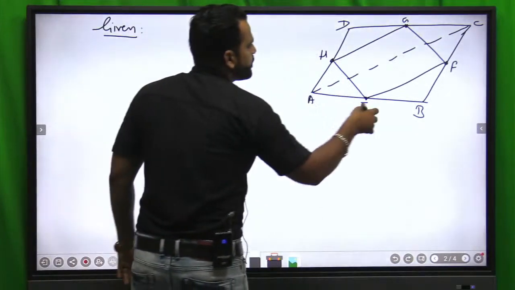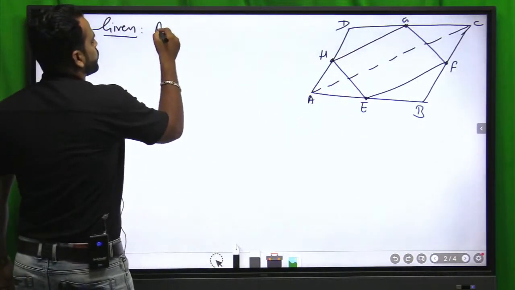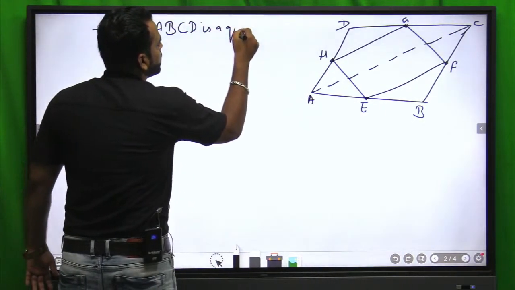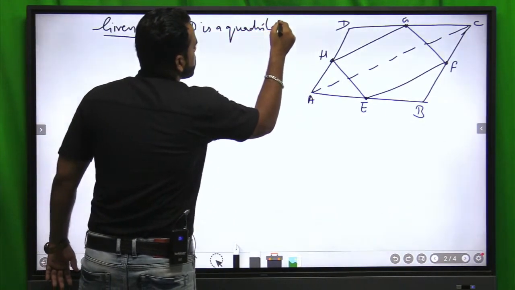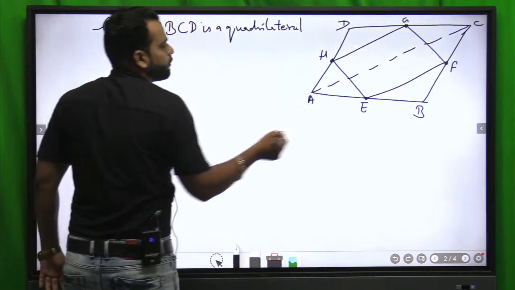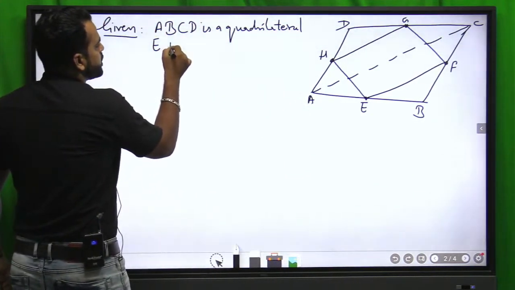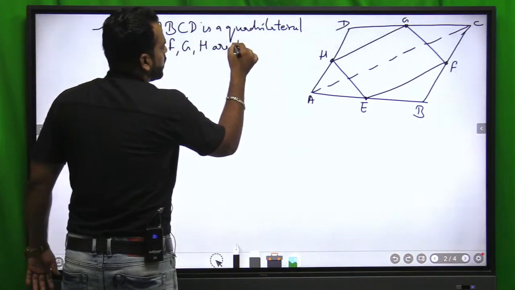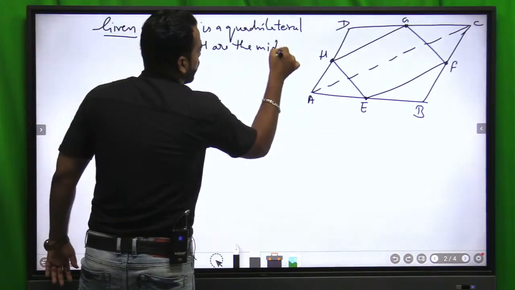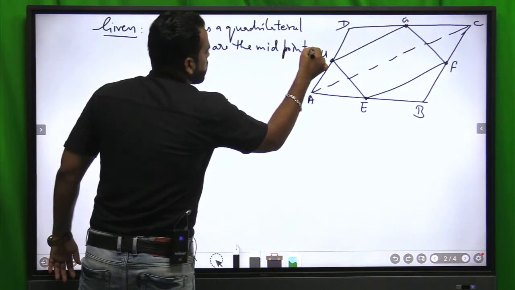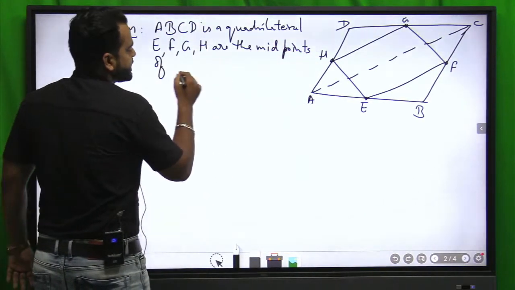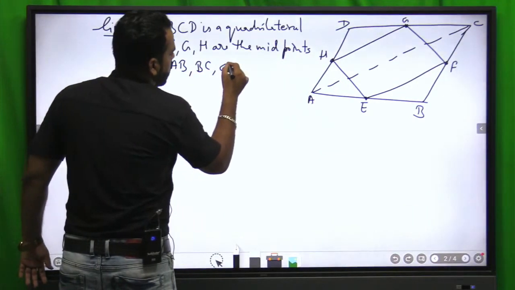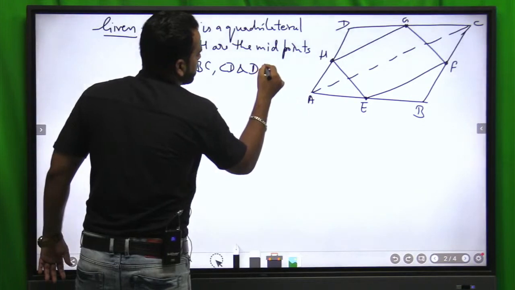It is given that ABCD is a quadrilateral, where E, F, G and H are the midpoints of sides AB, BC, CD and DA respectively.